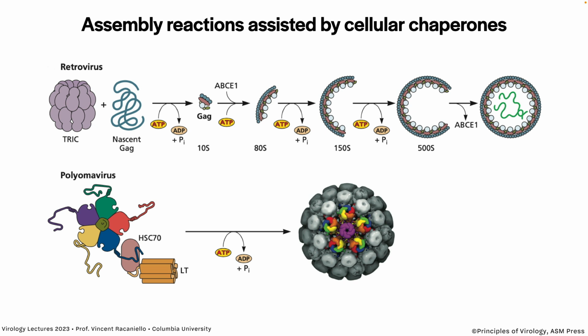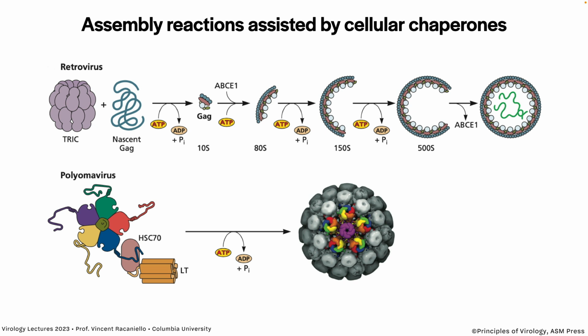It starts with a GAG precursor, and many of these assemble to form a shell. And there's a cellular chaperone called TRIC, T-R-I-C, which helps GAG fold into the proper formation in order to undergo this series of reactions.